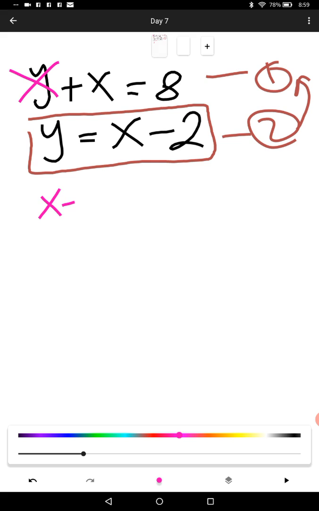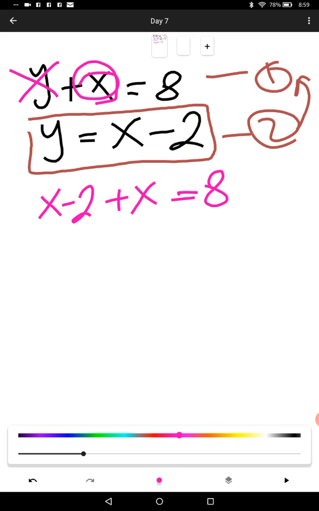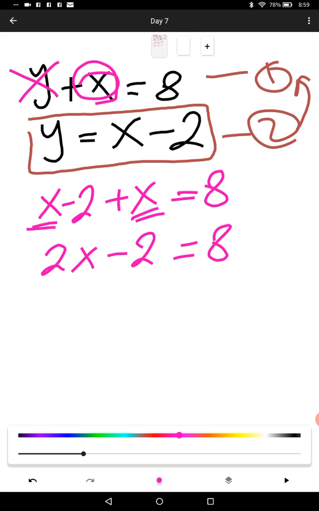We will have x minus 2 plus x, we still have this x, equals 8. Combine like terms, we have x and x. X plus x equals 2x, minus 2 equals 8.